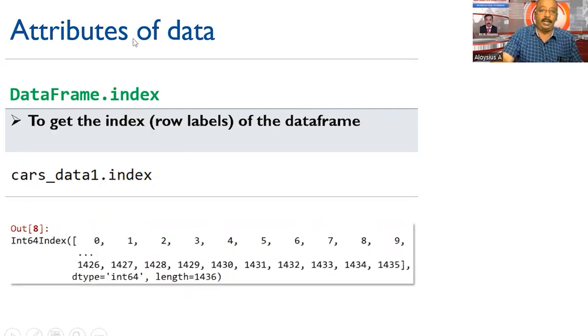To get the index, that is the row label of the data frame, you can use cars_data1, the file name, dot index, which will give you the row labels. The row label starts from 0 to 1435. So there will be a total of 1436 rows available in this particular data frame.